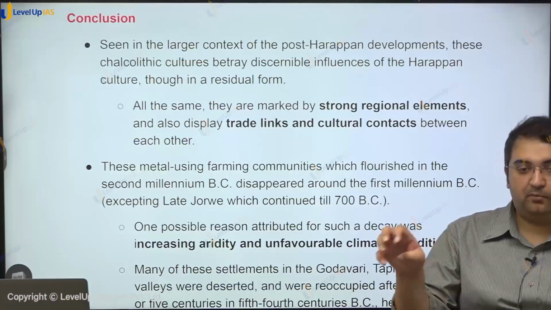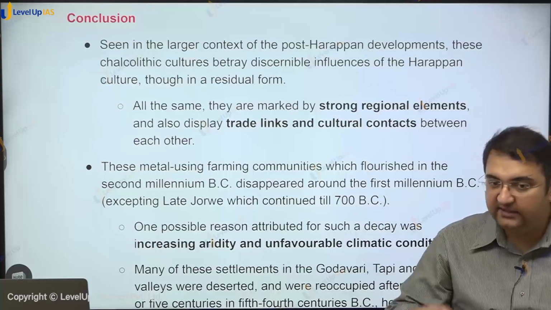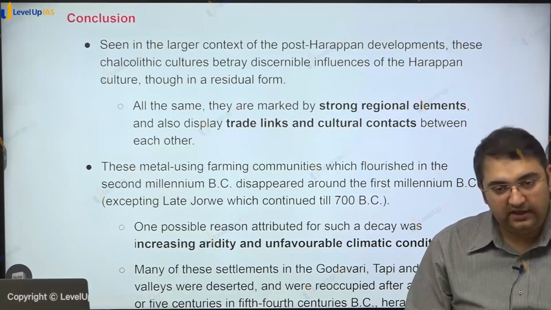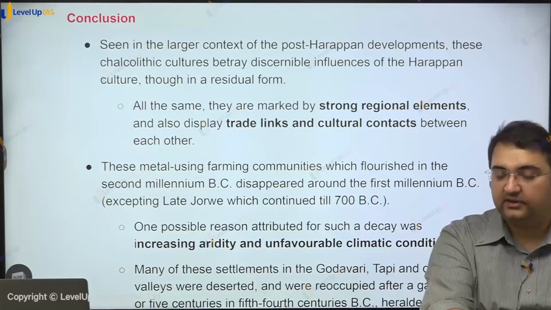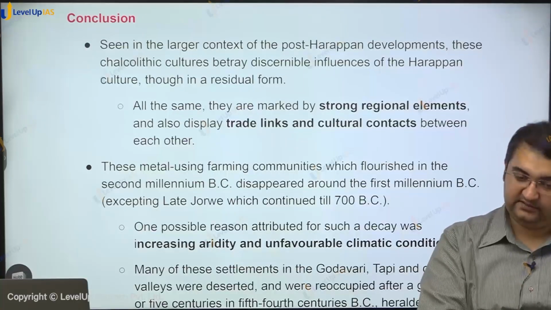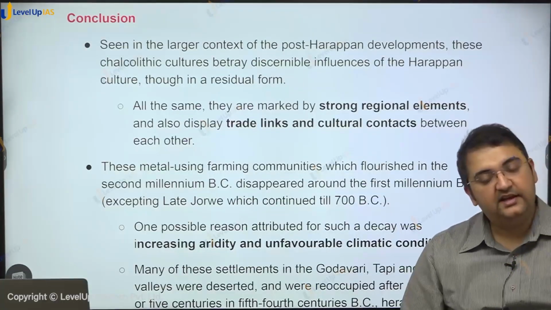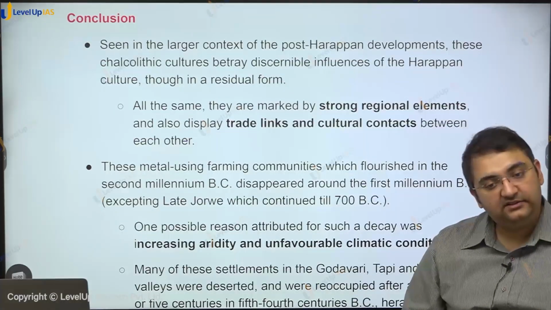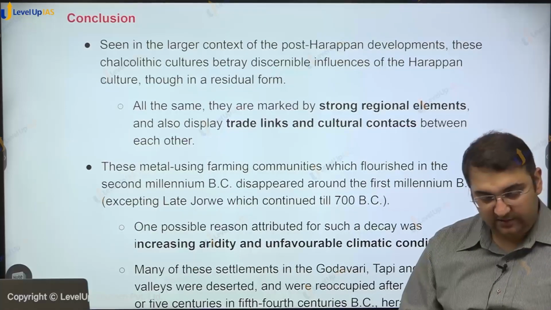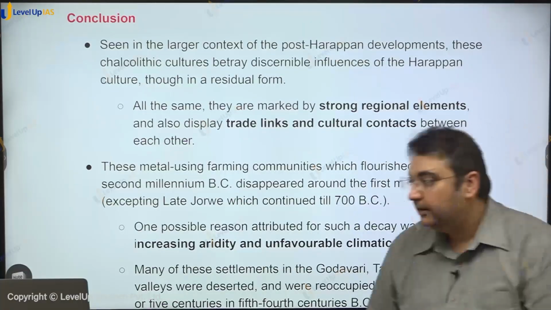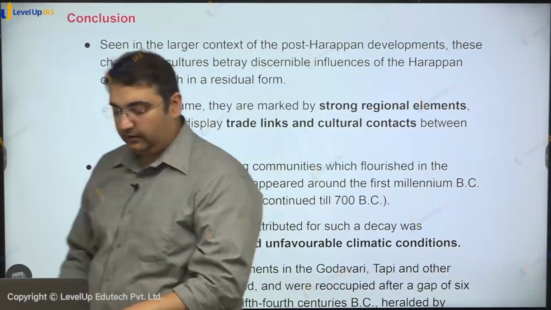So the concept of monarchy, the ideas of statehood, etc., also started to develop. And this was the stepping stone towards the second urbanization. That is why we are saying that this migration represented the final step towards India's second urbanization. Is that clear?